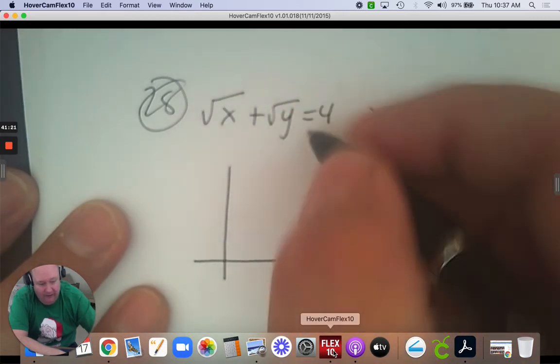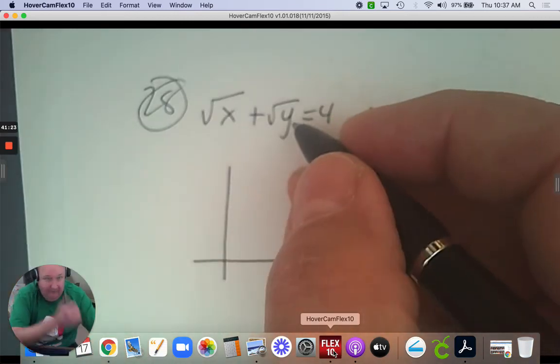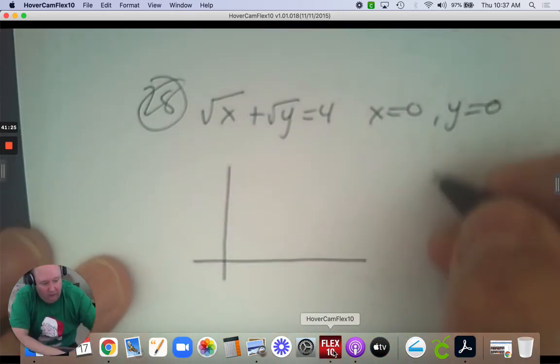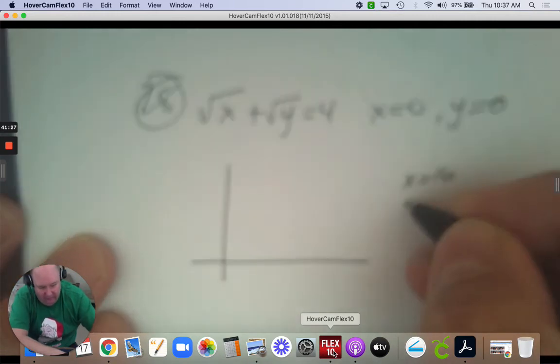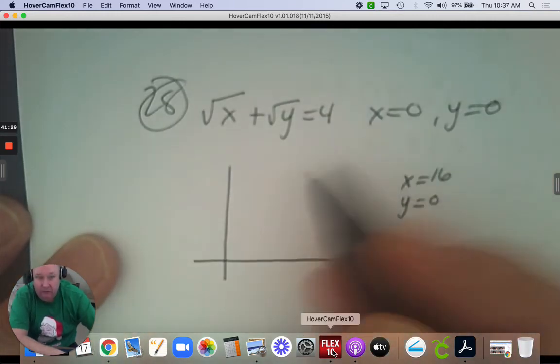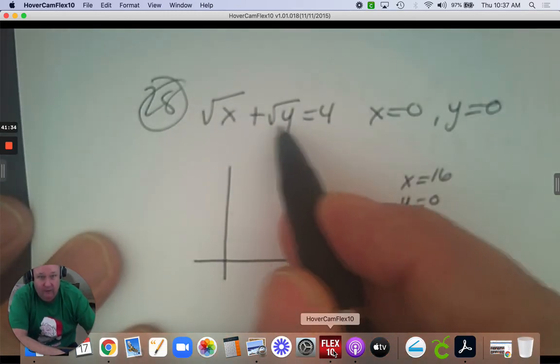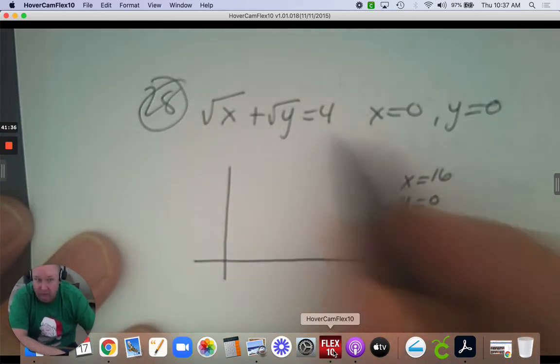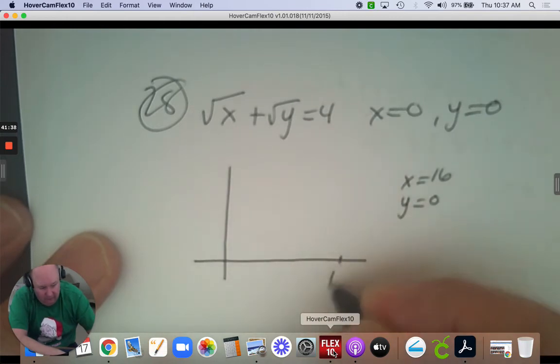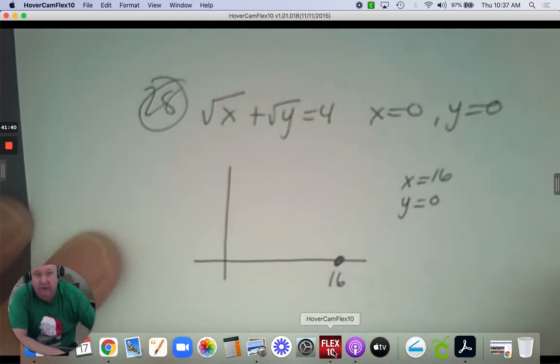So I know the square root of 16 is 4. So if x equals 16, then y equals 0, because the square root of 16 is 4, and the square root of 0 is 0, so it equals 4. So I know over here it's 16.